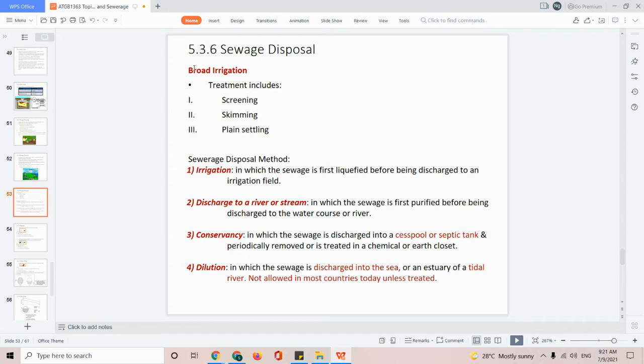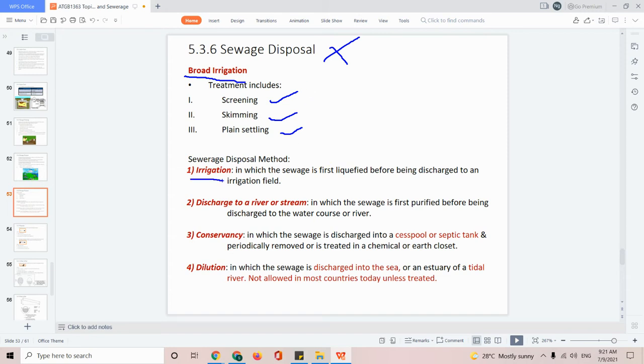When it talks about broad irrigation, the treatment will include screening and plain settling. But this is already not practiced, because we're actually just disposing of the sewage.